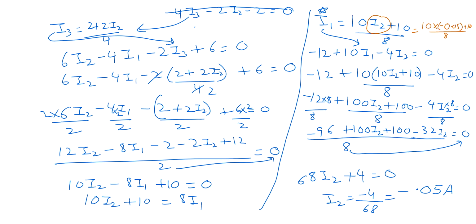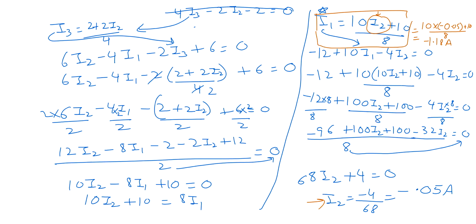So this will be 10 times 0.05 plus minus 1.18. That gives me I1 current. So I find the value of I2 from here and substitute in this equation to find I1. Once you have I1, now you have I2.